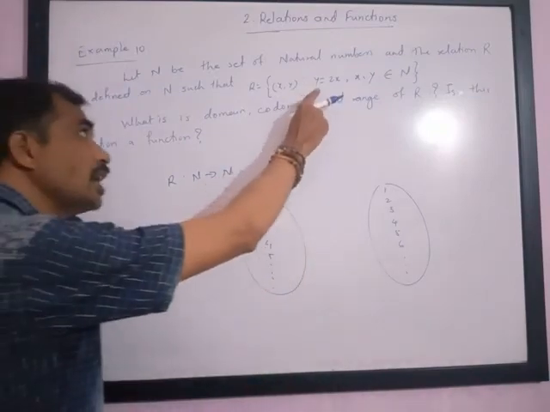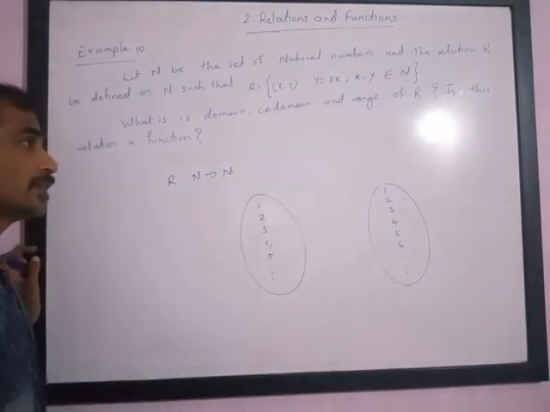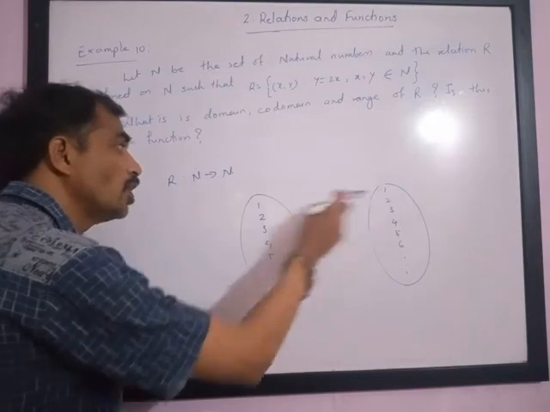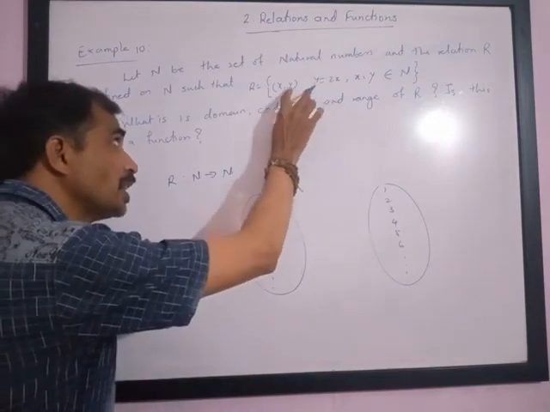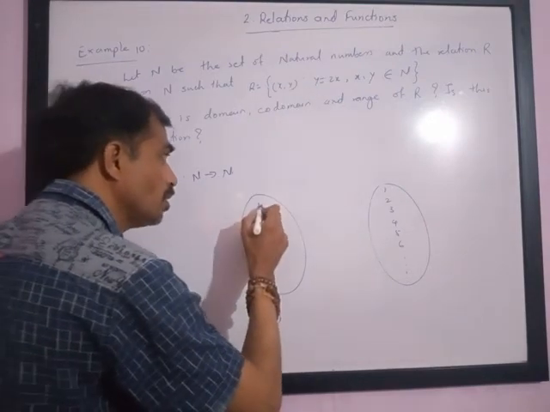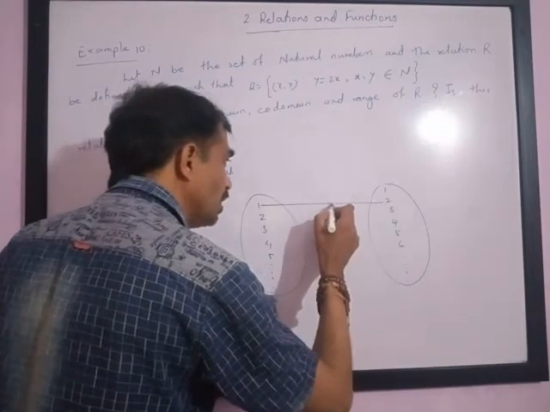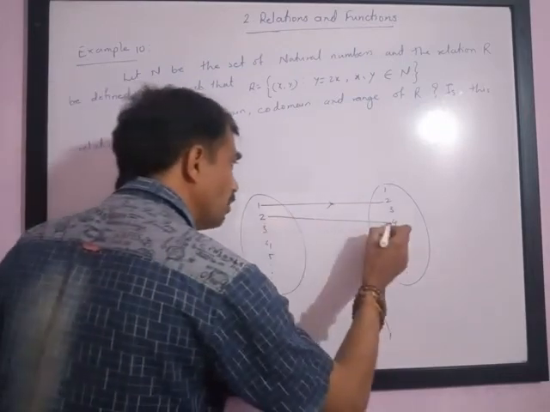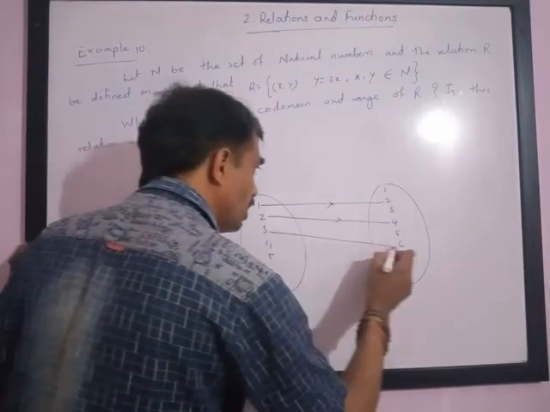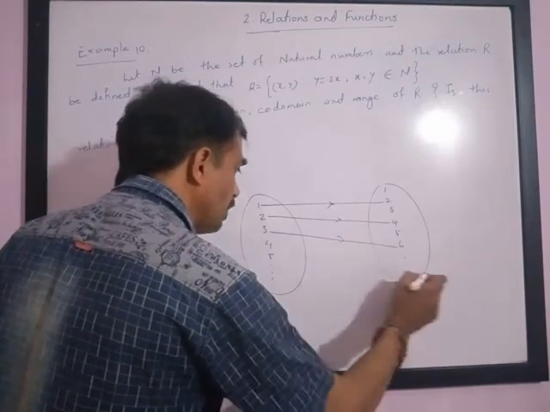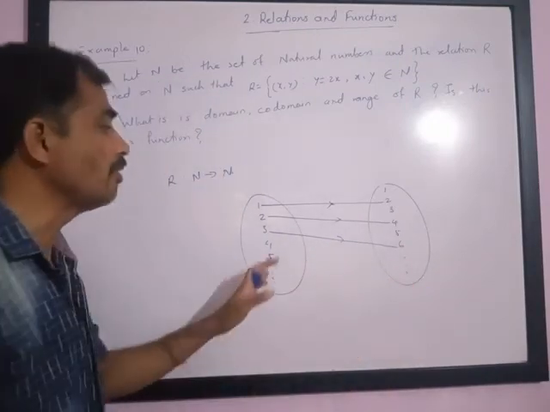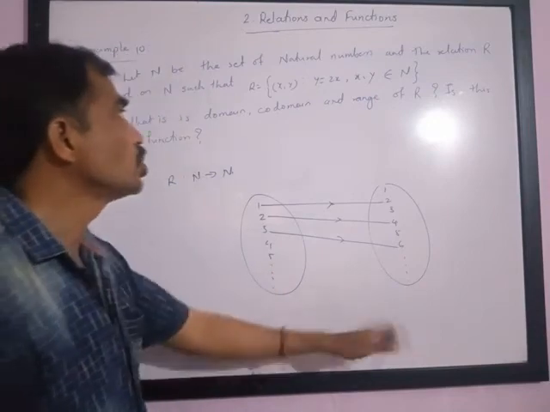Now we are given that y is equal to 2x. So it means 1 has an image 2, 2 has an image 4, 3 has an image 6, 4 will have an image 8, 5 will have an image 10, and so on.